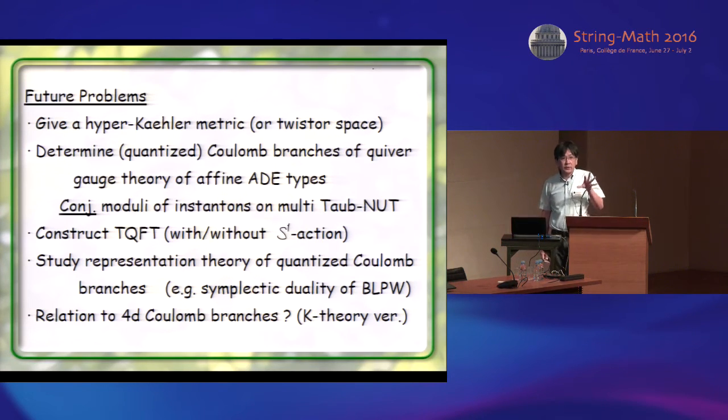Because the symplectic vector space has a quantization by difference operators, if I decompose M into N plus N star, then M can be quantized by differential operators on N. Then you can consider quantum Hamiltonian reduction, which is a definition of the quantized Higgs branch. Symplectic duality expects some relation between the quantized Coulomb branch and the quantized Higgs branch. Many people are working on this, and that is an interesting topic.